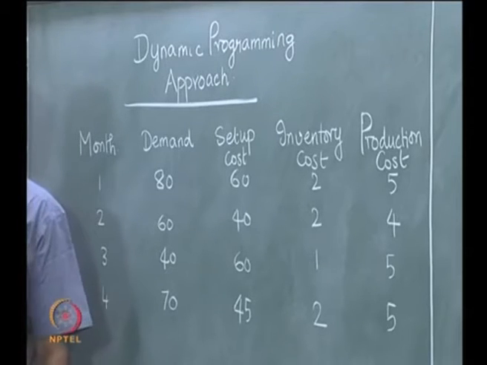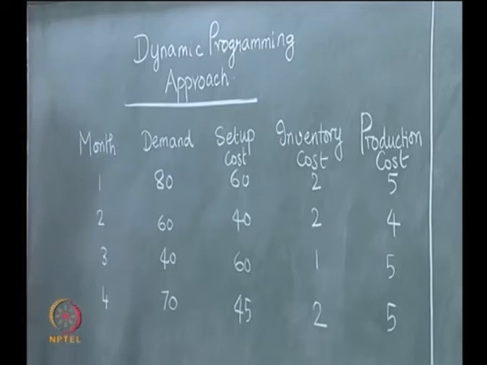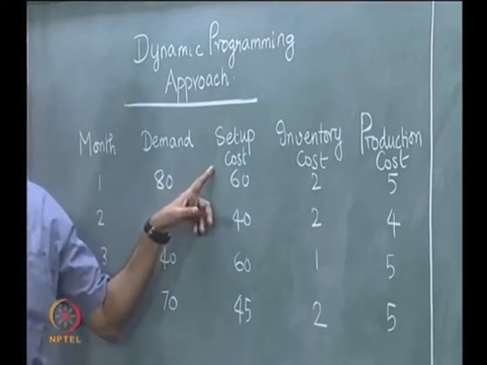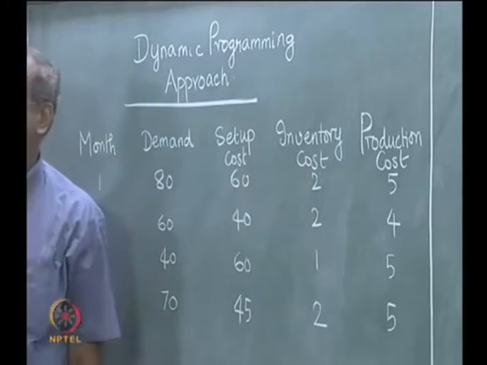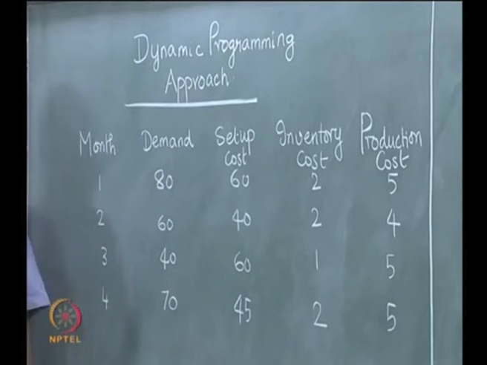There is no limit on the production capacity at the moment. As we move along, we will also realize that it is not very difficult to incorporate a production capacity if it is there. So, there are 3 costs that are involved: the cost of setting up, the cost of production and the cost of holding inventory.